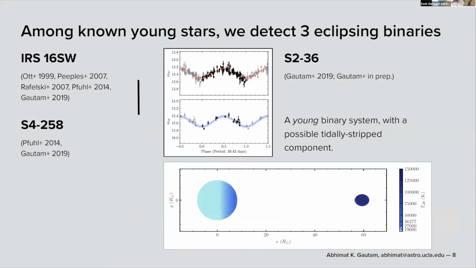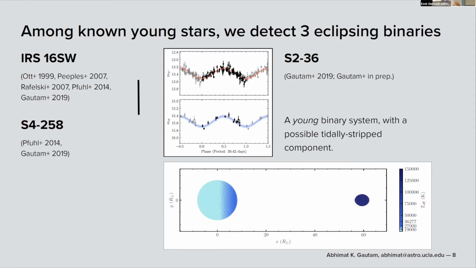So among the known young stars that we see in this field of view at the galactic center, our experiment ends up detecting 3 eclipsing binary systems. So 2 of those that are shown on the left, 16 Southwest and S4258, were already discovered before. And we identified a new periodic variable in S236, and with more recent Osiris spectroscopy that we've been conducting, we've identified that this is actually another young binary system.